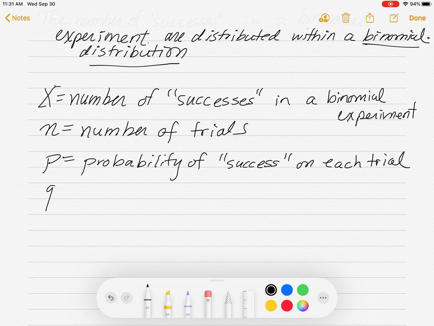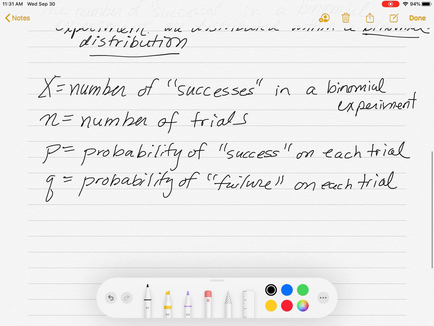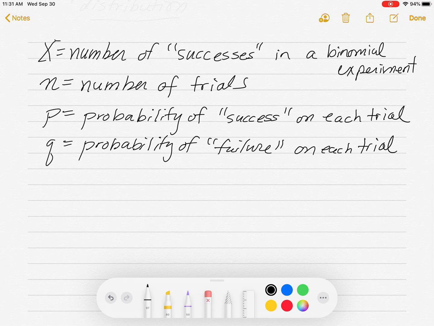All right, so I think that's everything we really need. We can also talk about q. We won't use q initially. That would be the probability of failure, so the probability of not getting a success on each trial. I think that's all we're going to need for this section. So x, n, p, and q.